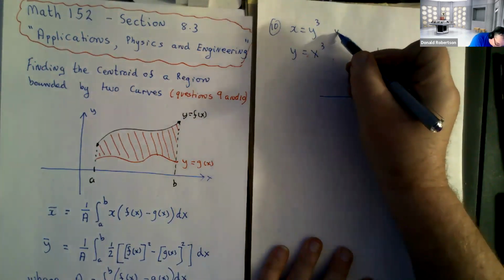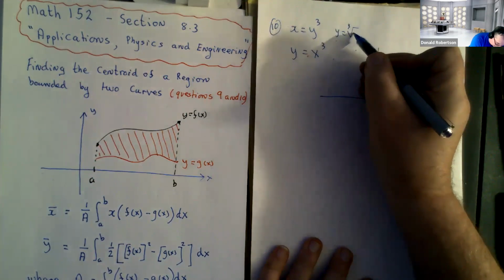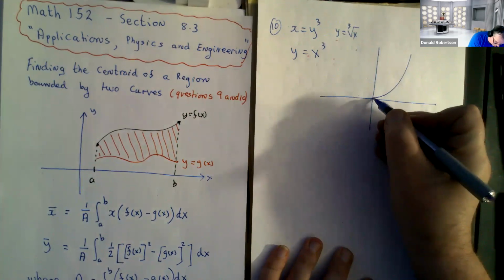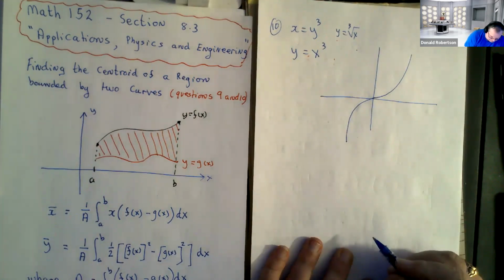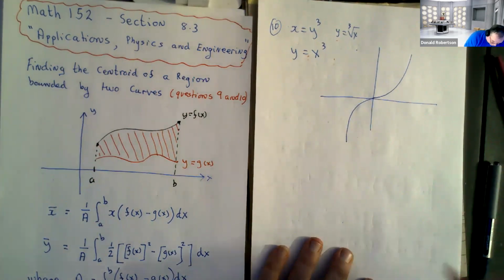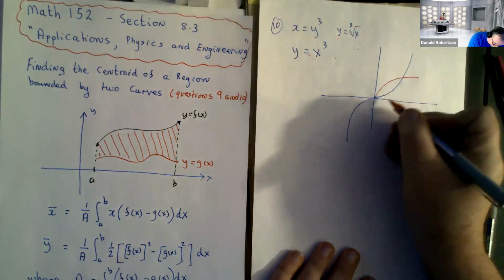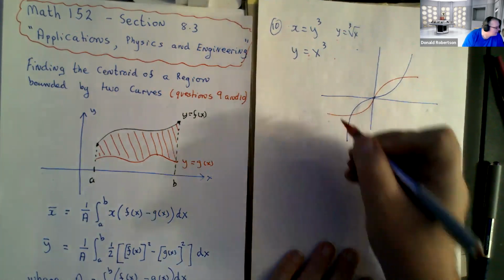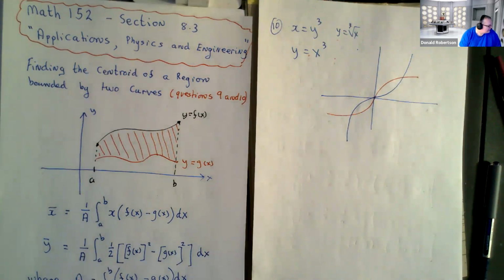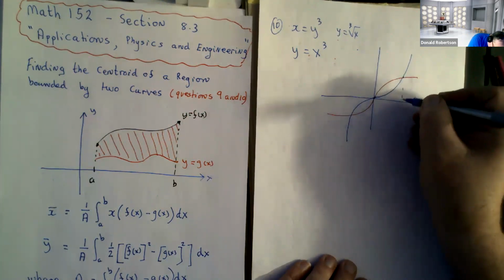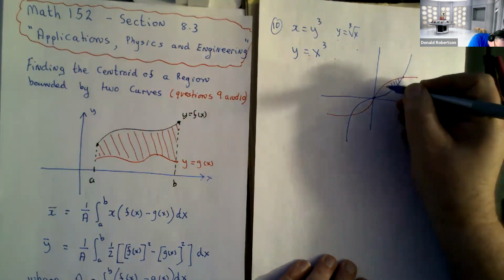This guy can be rearranged as the cube root of x. Now, if you do x cubed, you've got this guy. And if you do the cube root of x, it kind of looks more like this guy. Now, they also tell you in question 10 that you're only interested in this piece.